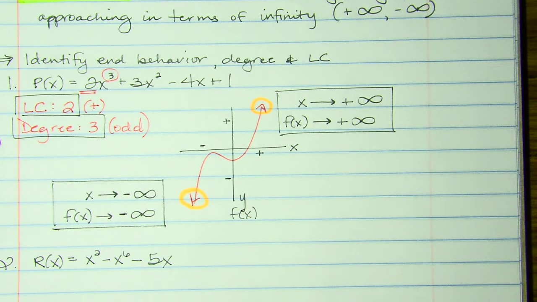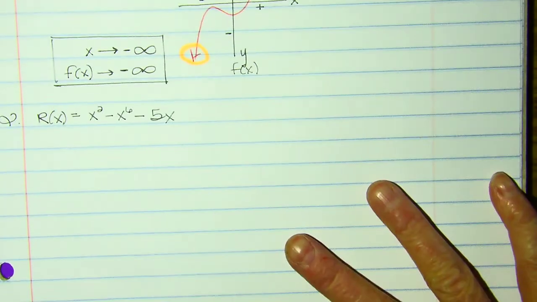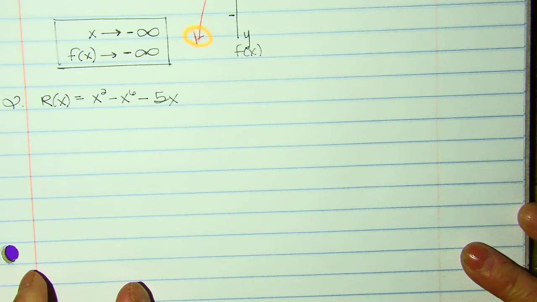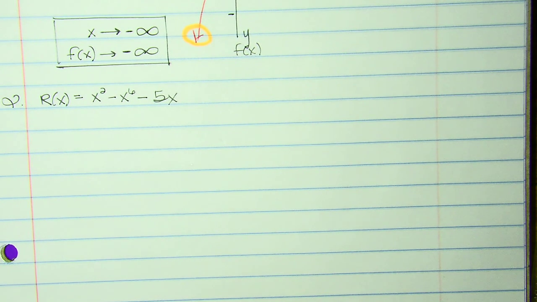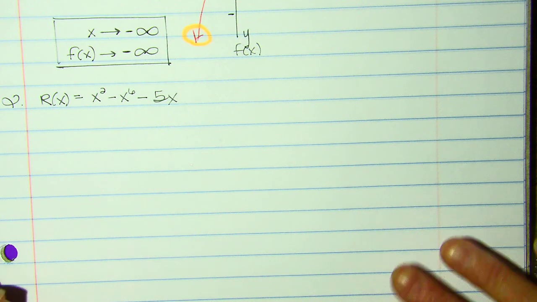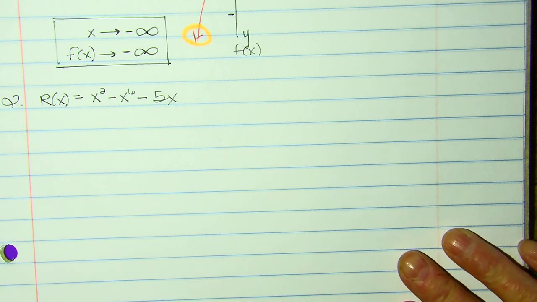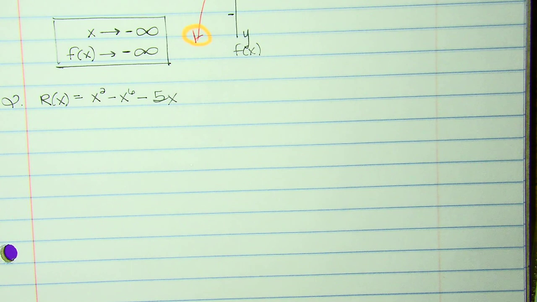Okay, we're going to do one more together. So x squared minus x to the sixth minus 5x. And I'm going to bring this up on Desmos as well. So first I want you to know this is not in standard form because my variables are not written in order.